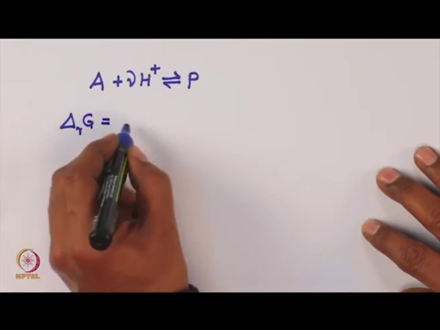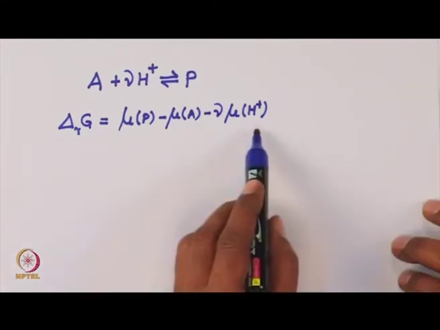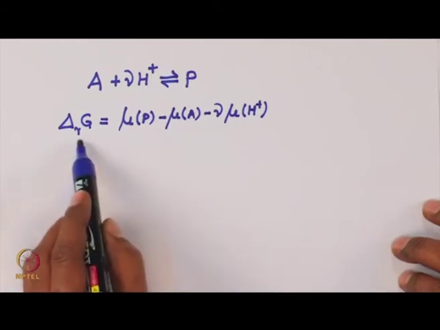So it will be equal to chemical potential of P minus chemical potential of A minus nu times chemical potential of H plus. And it is these chemical potentials which will decide the sign of reaction Gibbs energy.